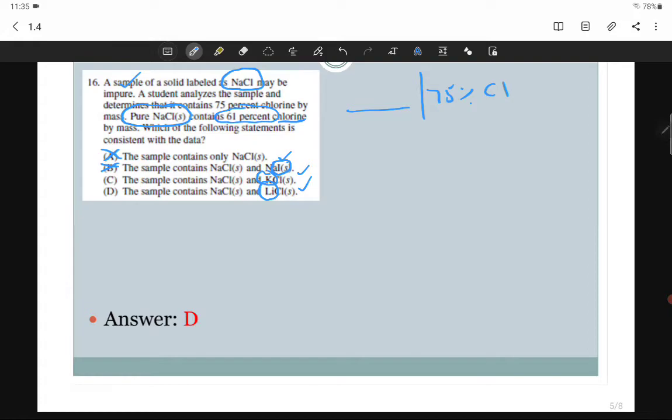Well, Li is lighter than Na, and it's certainly lighter than K. How do I know that? From looking at the periodic table. So if you have LiCl, that's going to have a higher percent chlorine. The KCl, because the K is heavier, is going to have a lesser percent of chlorine.